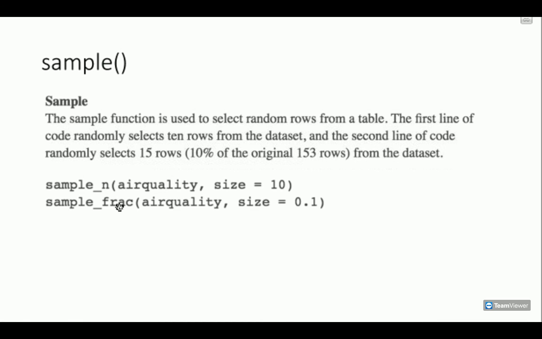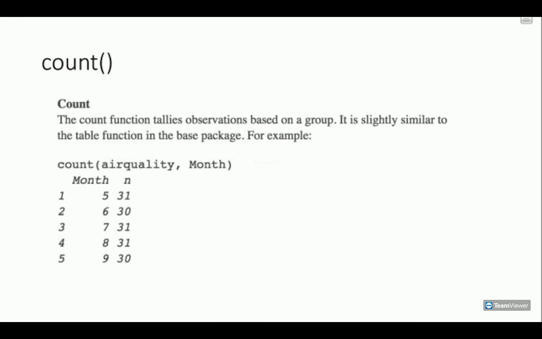So give it sample underscore frac, which stands for fraction of the data set. You give it the data set name and you give it the size. 0.1 is 10% of your data. So however many rows it has, it will pick 10% of that. This data set has 153 rows, so 10% of that will be 15 rows. So this line is going to pick 15 rows from your data.